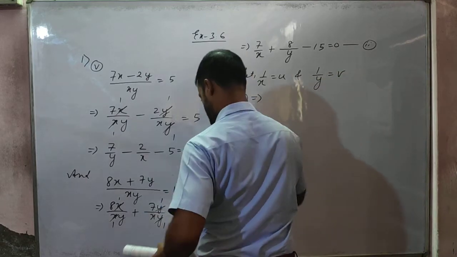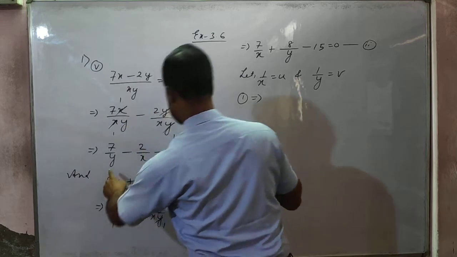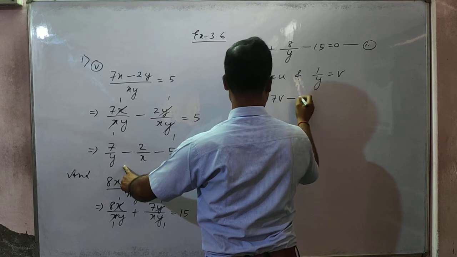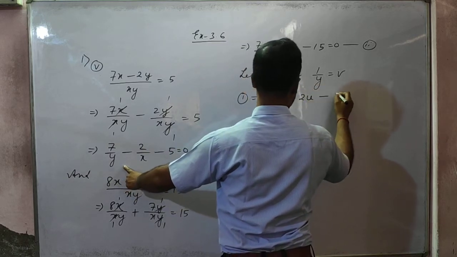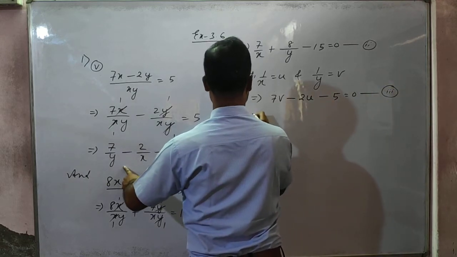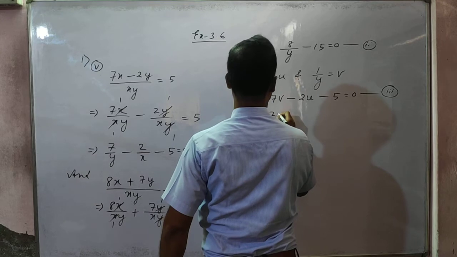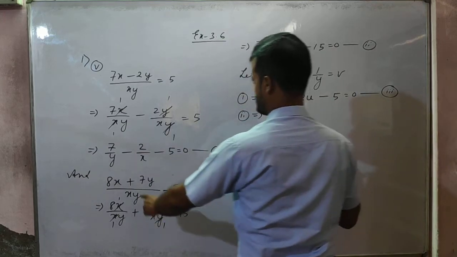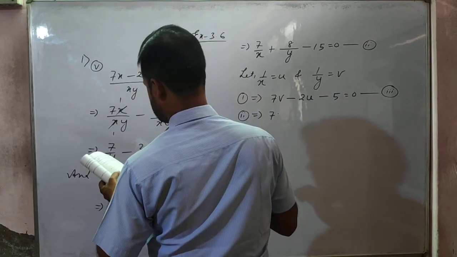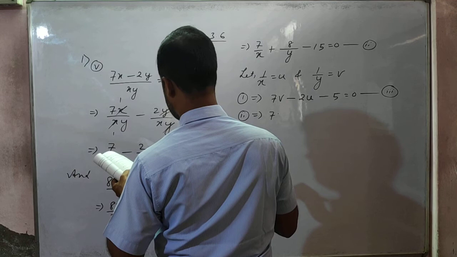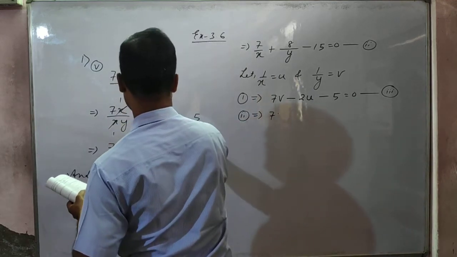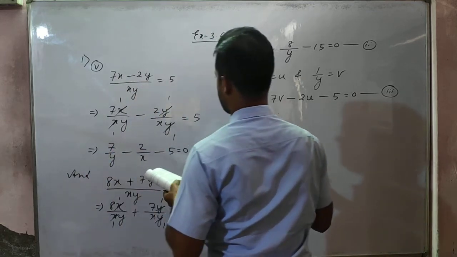So 1 implies, students, 1 by y is what? v, isn't it? So 7v minus 2u minus 5 is equal to 0, mark it number 3. And 2 implies, okay, let me see the equation first. 7x minus 2y by xy, x is cancelled, y cancels, 2 by x, isn't it?